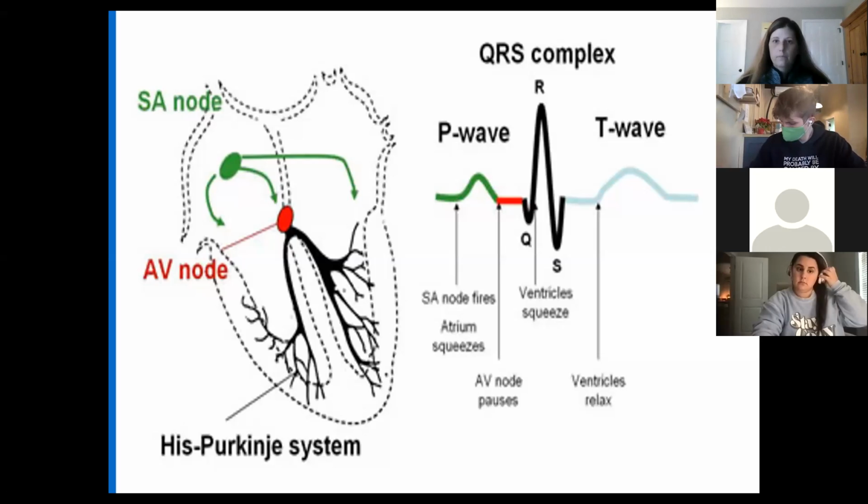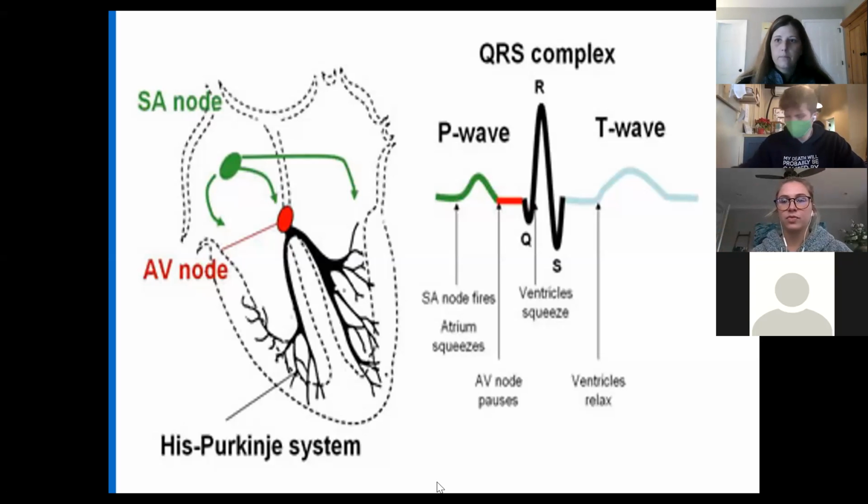Ms. Stephen, I have a question. Yes, go ahead. When you are measuring the voltage of the QRS, do you measure it from the bottom of the Q, or do you still measure it from the isoelectric line? So we're going to get into that a little bit more when we get into looking at some of the dysrhythmias.